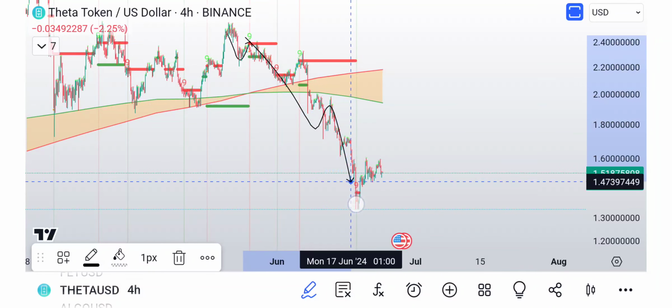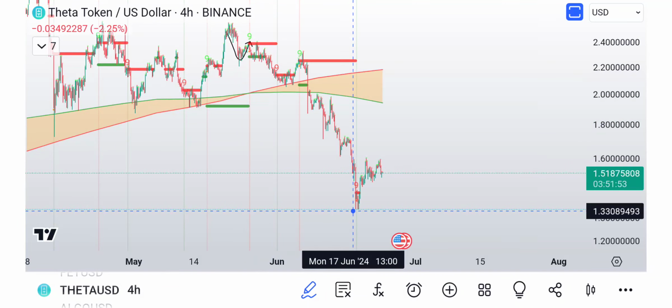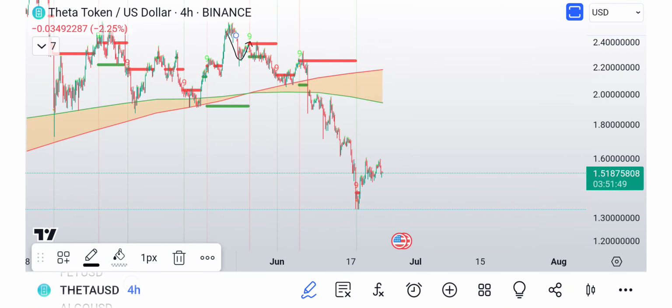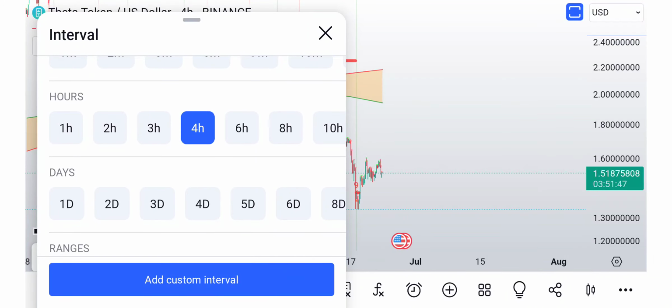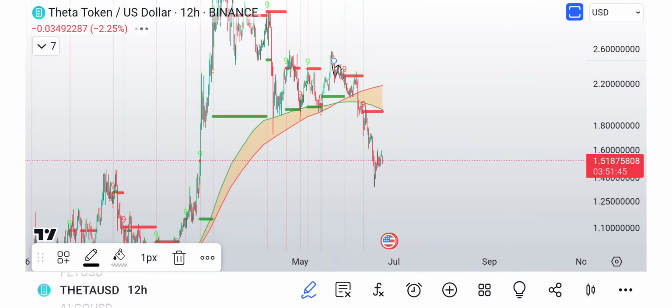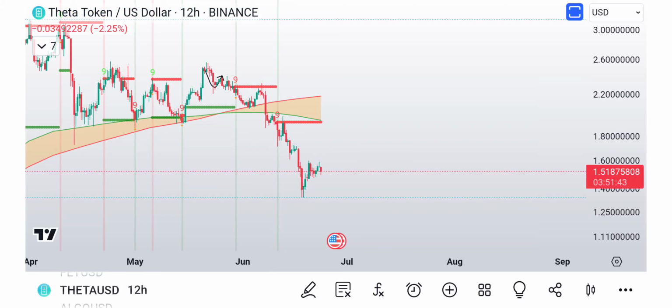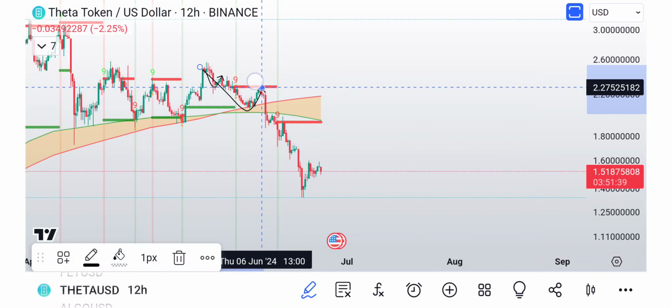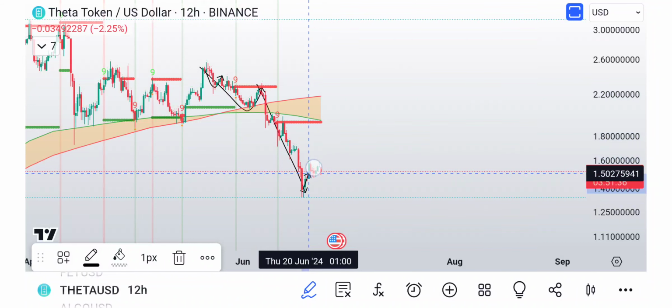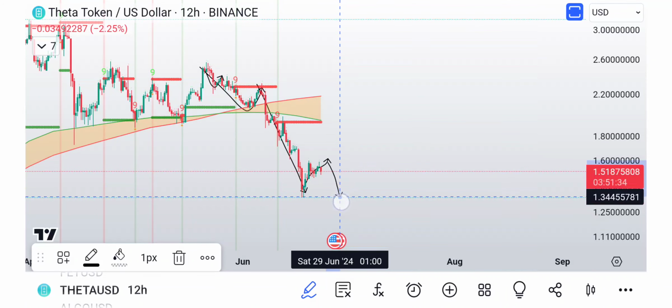This could be 3, 4, 5, or actually, let me make it a little bit bigger here. This whole thing could be 1, 2. This whole thing could be 3. This is 4, and then we still need 5.